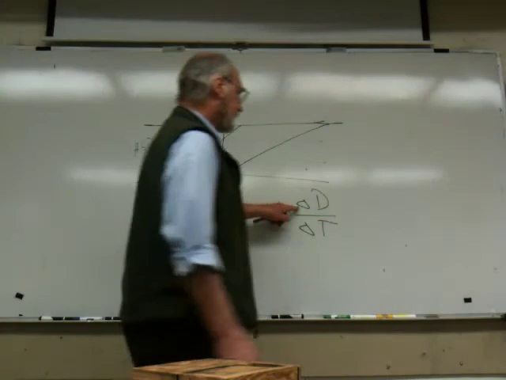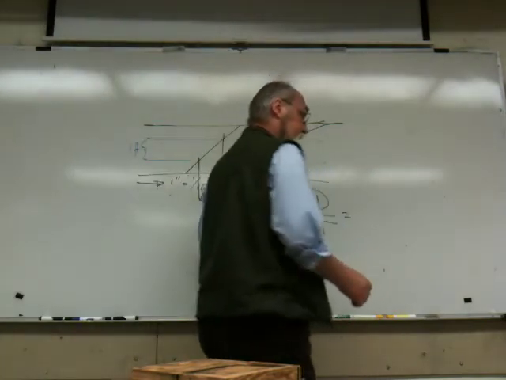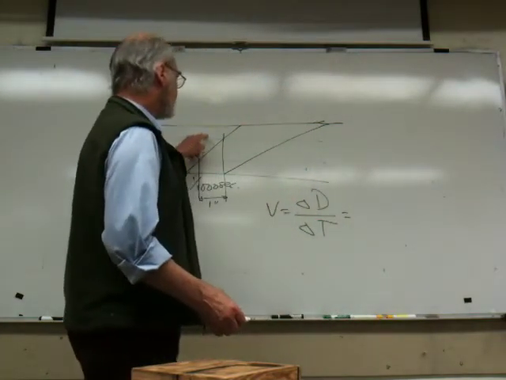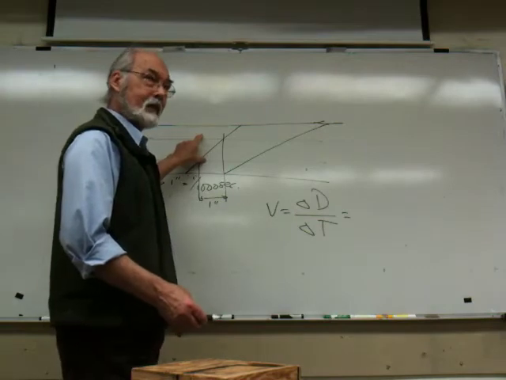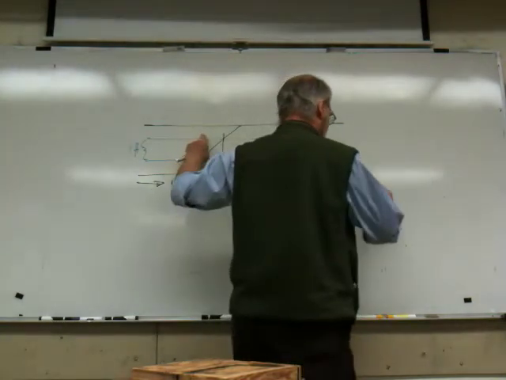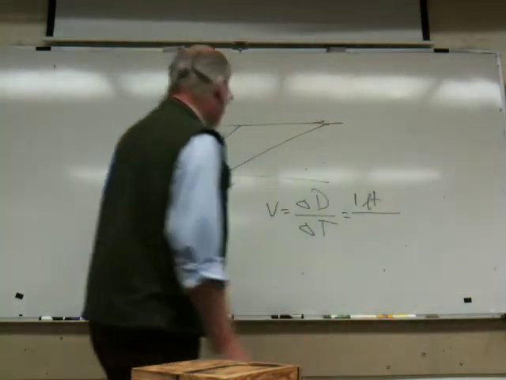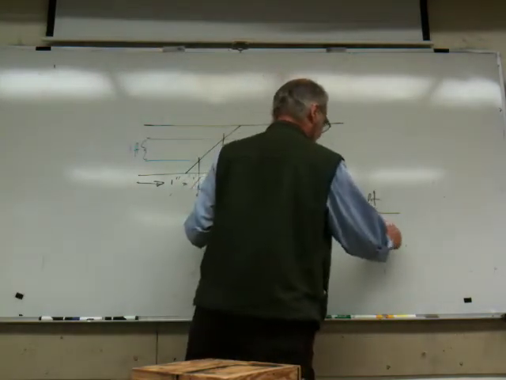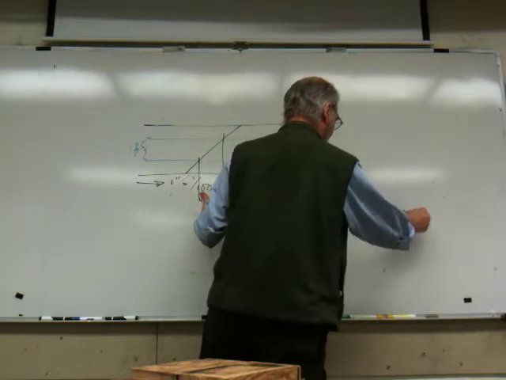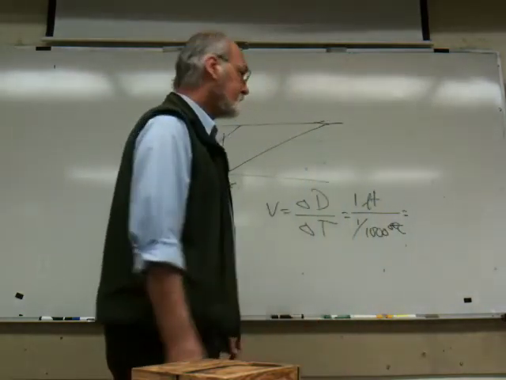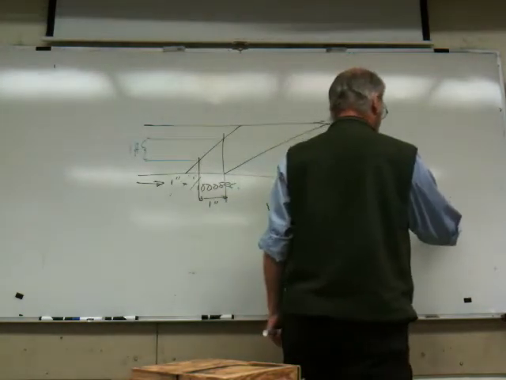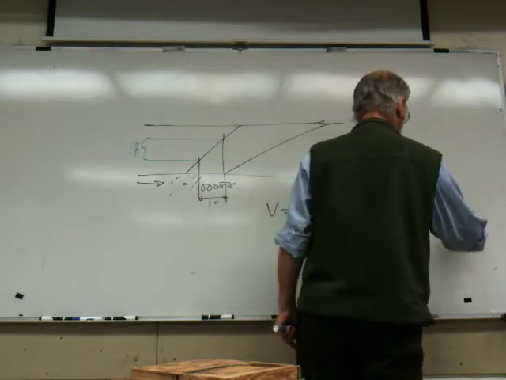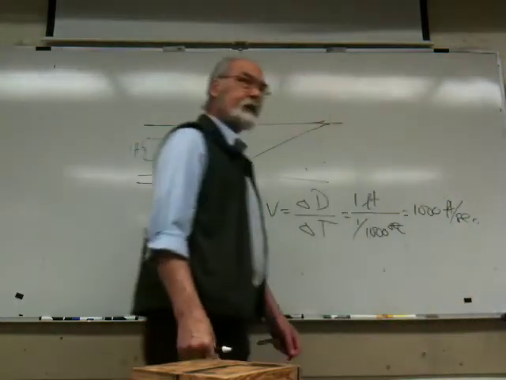Well, how far did it travel? A foot. And how much time did it take it to do it? So the speed of the bullet is 1,000 feet per second. Falling off a log, right?